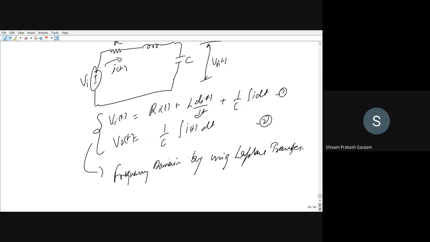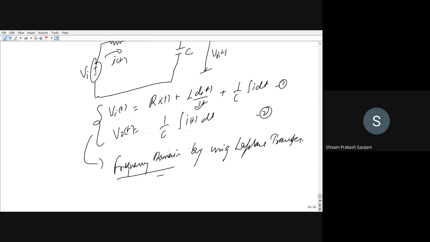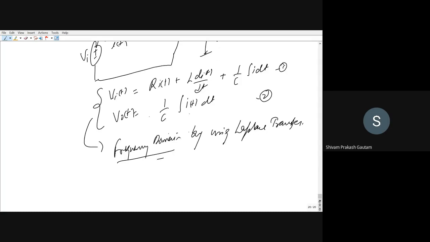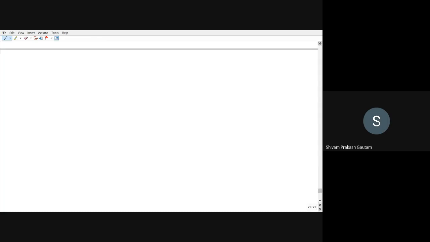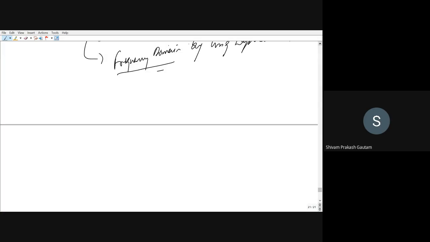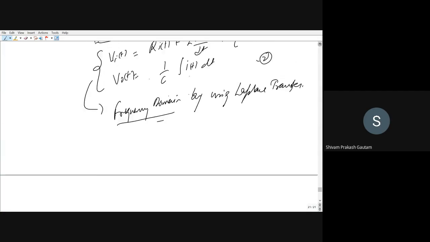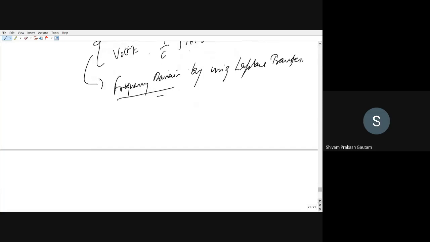We will convert the time domain equation 1 into the frequency domain by Laplace transform. So what is the motivation behind converting this equation into the frequency domain? We will see.